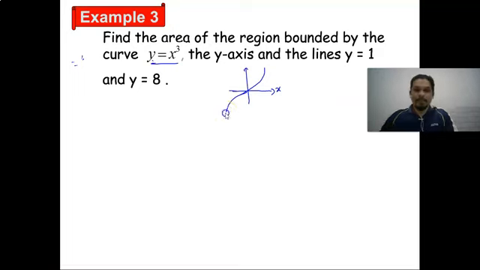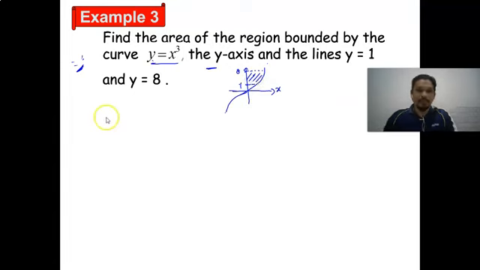So guys, this is a graph of y equal to x cubed, and then the lines y equal to 1 until y equal to 8. Sketch it on paper nicely for this one.